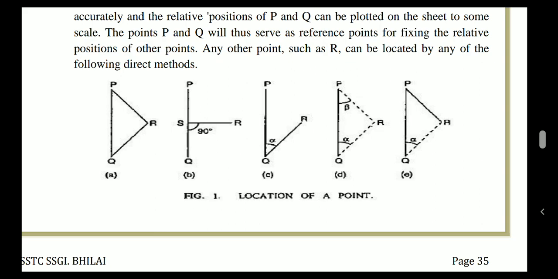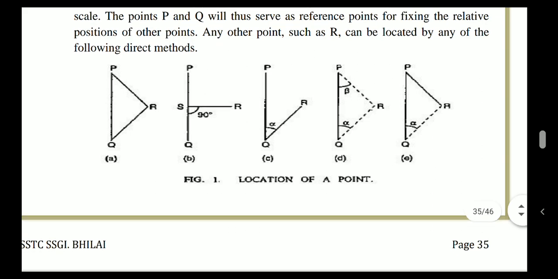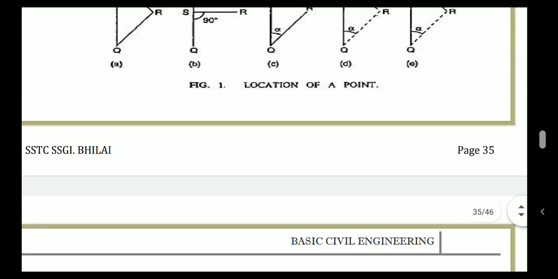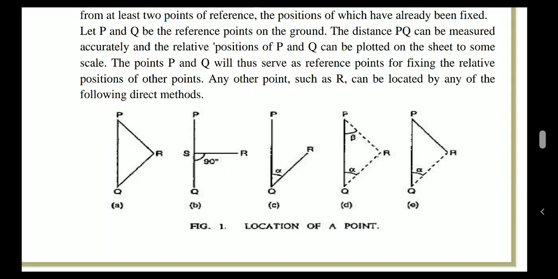Then we can cut an arc by measuring length PR, then cut another arc with distance QR, so we can get the third point R. Another option is to drop a perpendicular RS on the reference line PQ, and lengths PS and SR can be measured easily. Then the third option is that we know one angle and one distance: angle RQP, that is alpha, and the distance QR. Then the third point R can be plotted in the field.